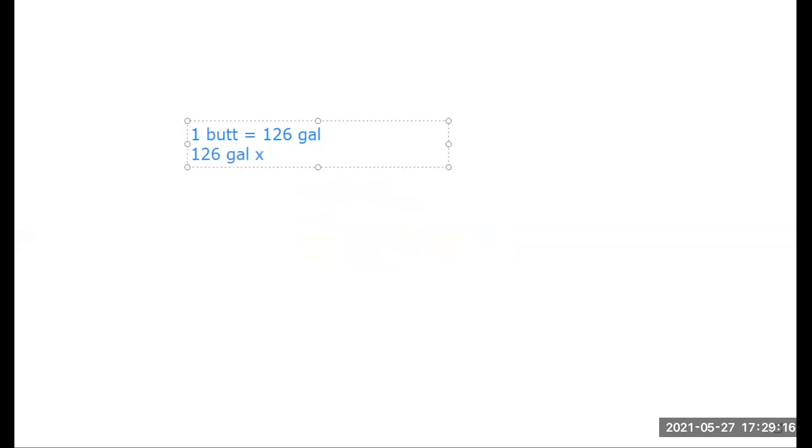I'm going to multiply that by the fact that there are 4 quarts per 1 gallon. Okay, so I flung my calculator here somewhere. All right, so we have 126 times 4. That will give me 504 quarts.